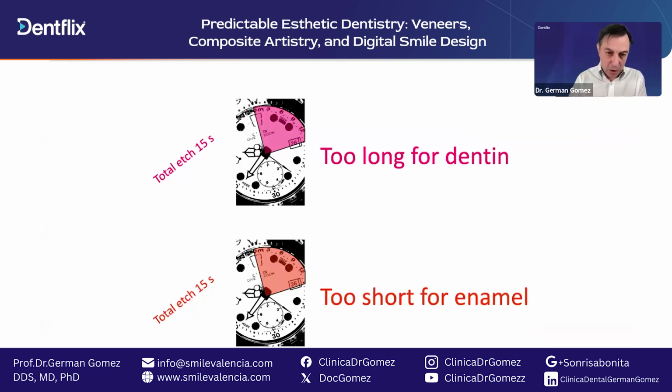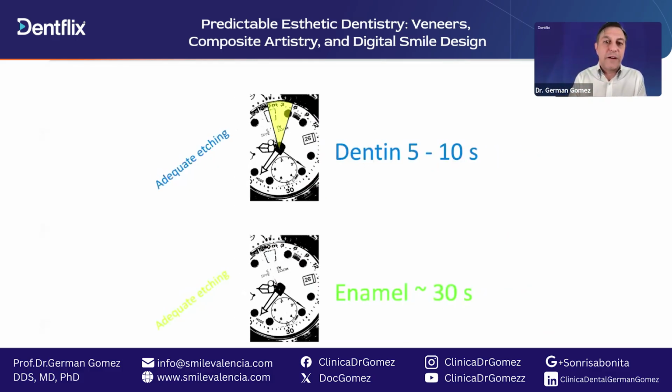So if we really want to have a completely correct adhesion time on each one, then we have to do 5 to 10 seconds on dentin. Why 5 to 10? Because there is sclerotic dentin, there's tertiary dentin, there's different dentins.